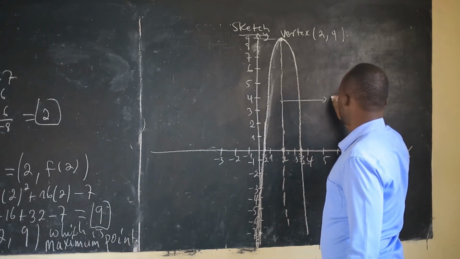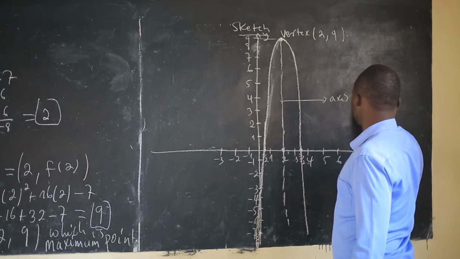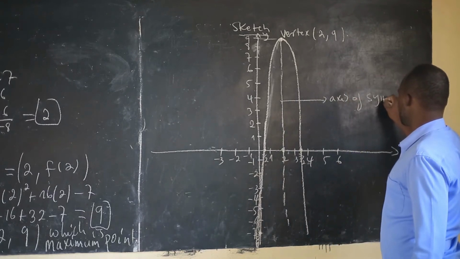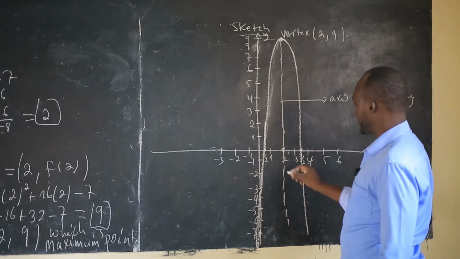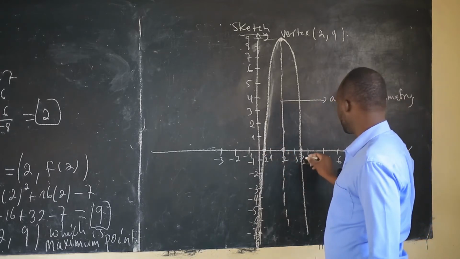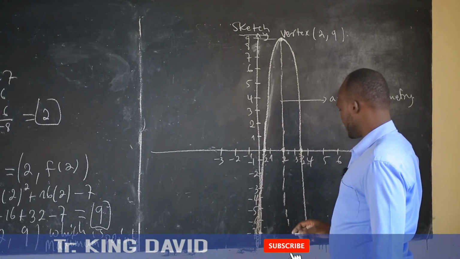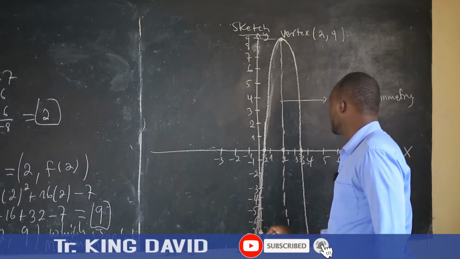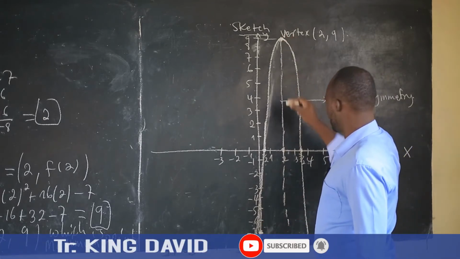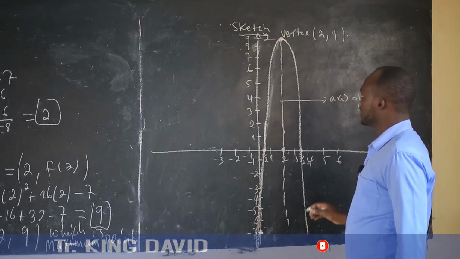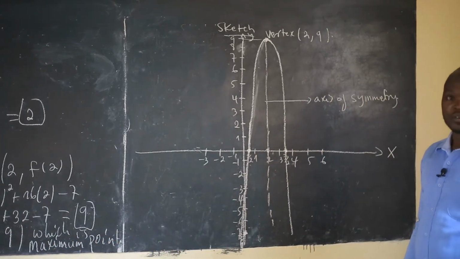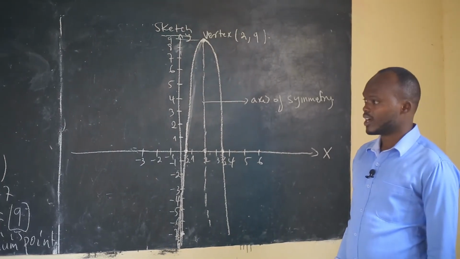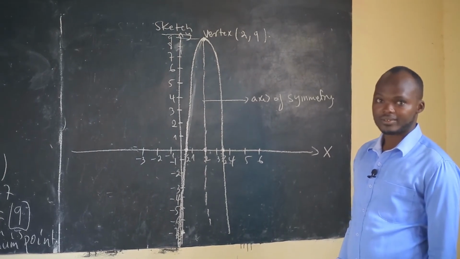So meaning that after getting the x-intercept, and you get the y-intercept and you get the vertex, you can draw or sketch your graph. So I hope you don't have any question from here. So let's go to another part.